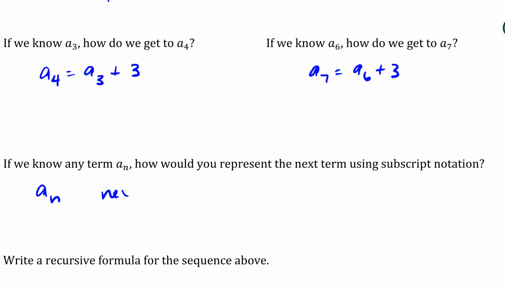So if I have a sub n, the next term is going to be a sub n plus 1. Because if n was, say, 4, the next term would be 5, so it would be 4 plus 1.